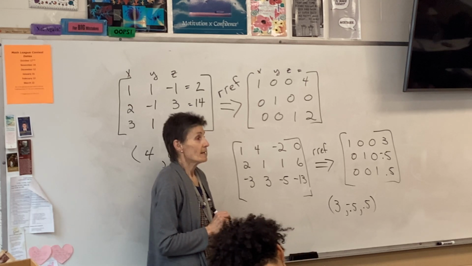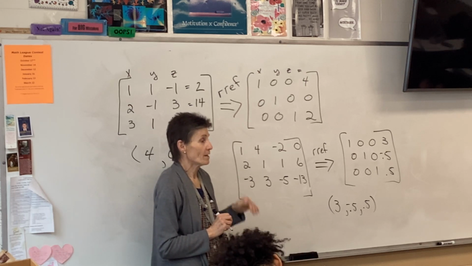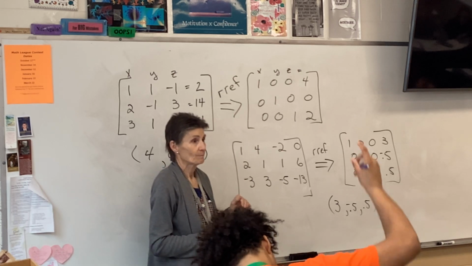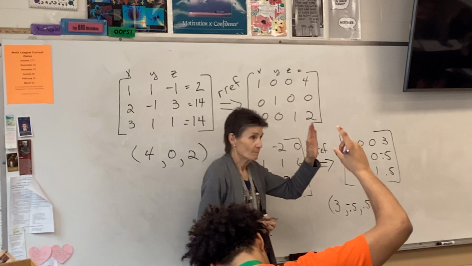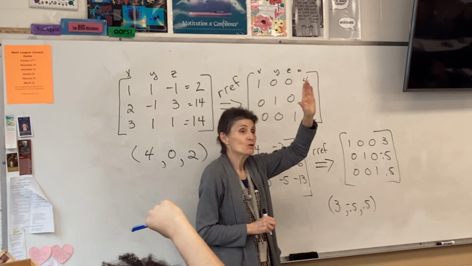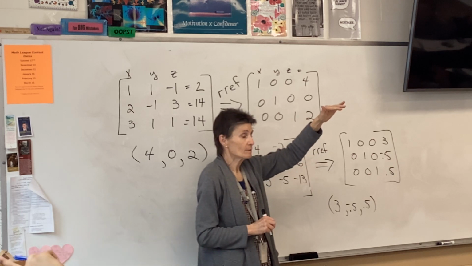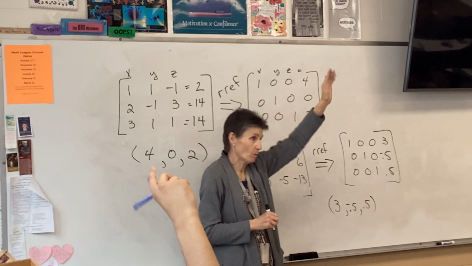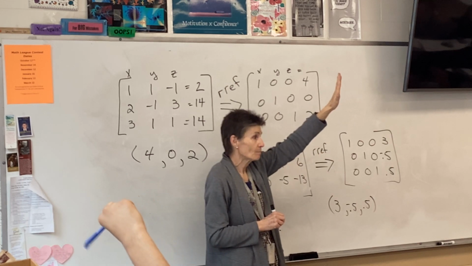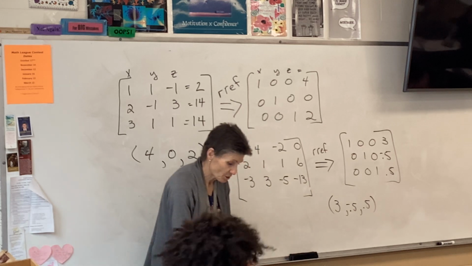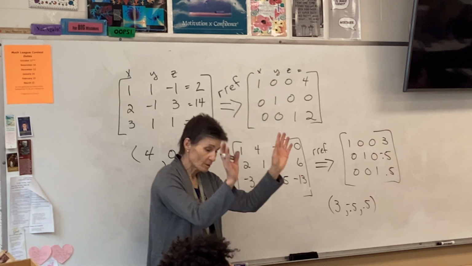Okay, if you know what you're doing, stop writing and raise your hand. Okay, leave it up. Get it up high. Noah, get your hand up high. Okay, if you do not know what you're doing, then I want you right now to go find one of the people with their hands held high and do the next problem with your partner. So, number 3. So, go ahead and put your hands up.